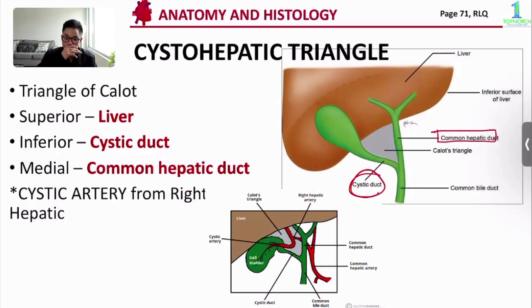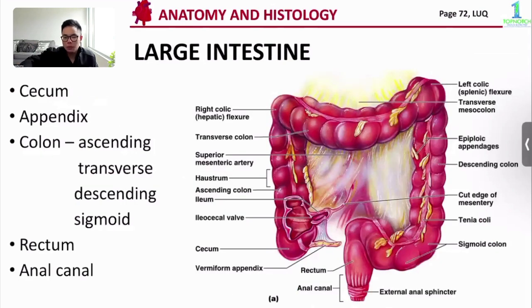Your cystic artery from the right hepatic is oftentimes seen here. Now, that's common. Everyone will know about this, but they may ask you about the percentage. So the answer here would be 62% of the time, anatomically, it will be found in the cystohepatic triangle. And then the rest would be an anatomic variant to it.